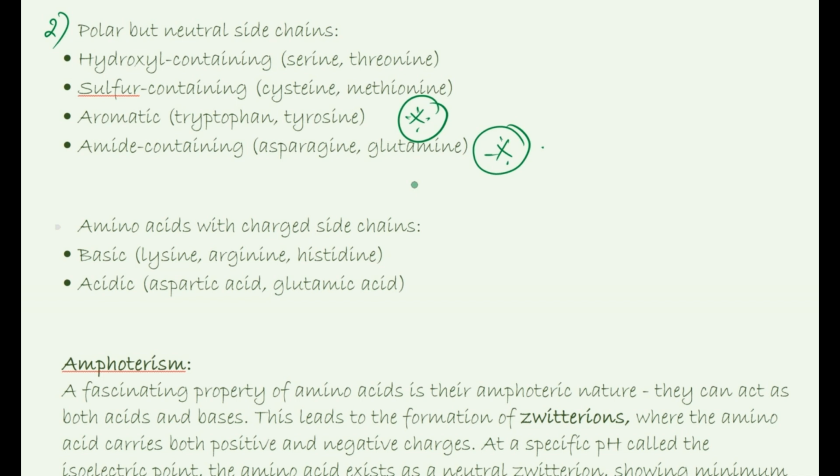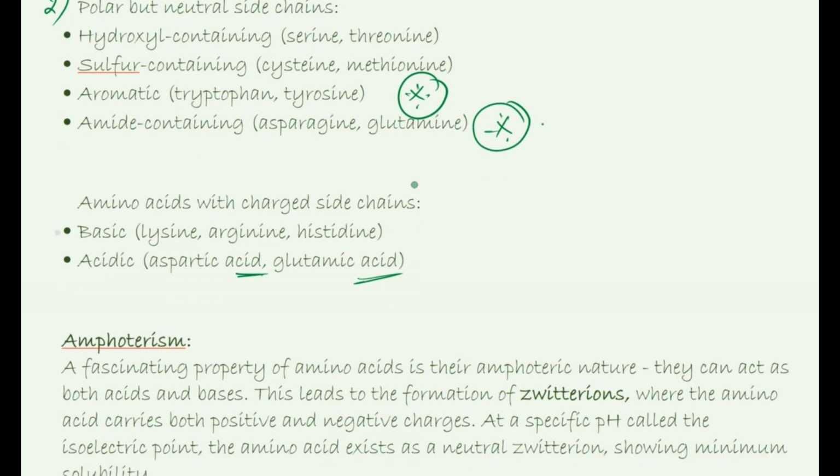Amino acids with charged side chains. The charge can be basic or acidic. Okay. The acidic side chains are aspartic acid and glutamic acid. And the basic side chains are lysine, arginine and histidine. As the name indicates, you can remember it, they are acidic side chains, and lysine, arginine and histidine are basic side chains.